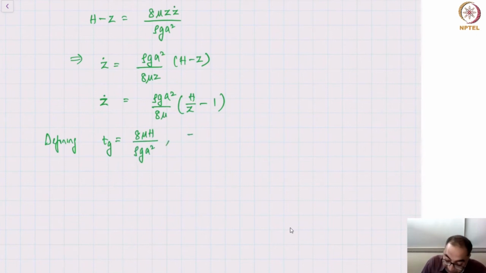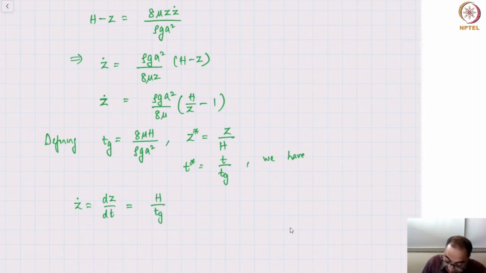We will also define a non-dimensional variable z star, which is z by h, and a non-dimensional time t star, which is t by tg. What do we have here? We have z dot, which is nothing but dz by dt. This becomes h by tg dz star by dt star.